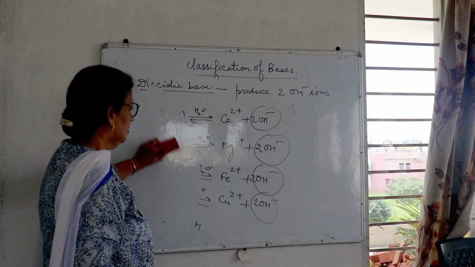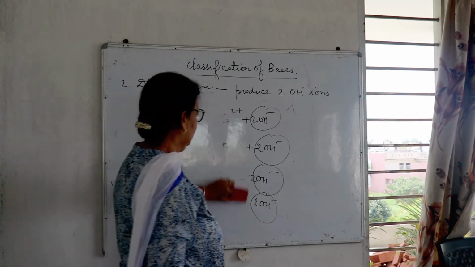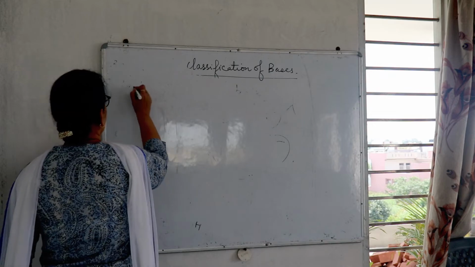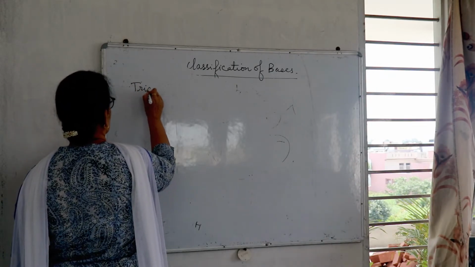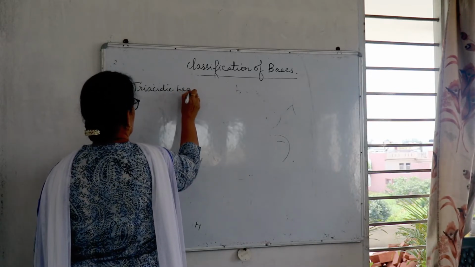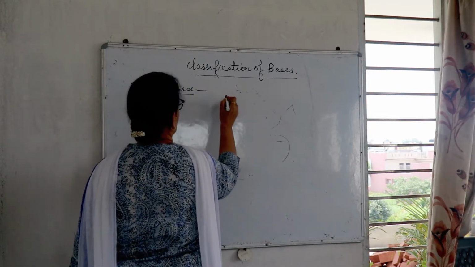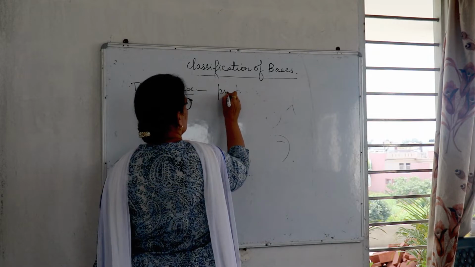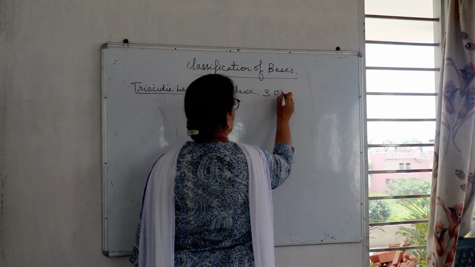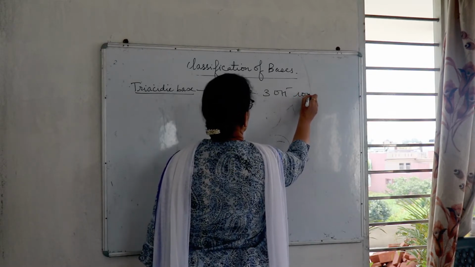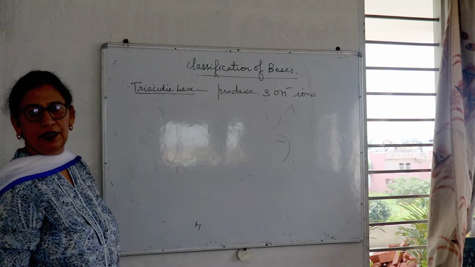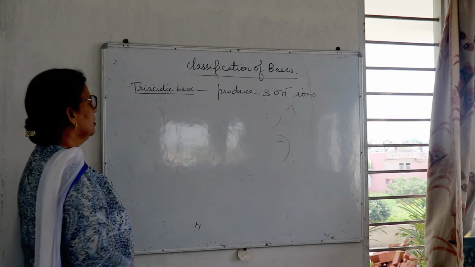Now the third one, that is triacidic base. It produces three hydroxyl ions per molecule of the base in its aqueous solution.